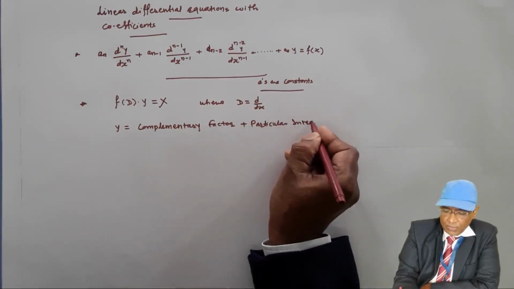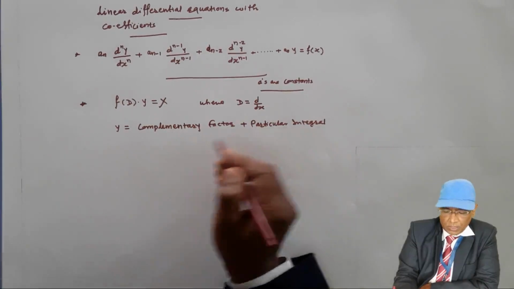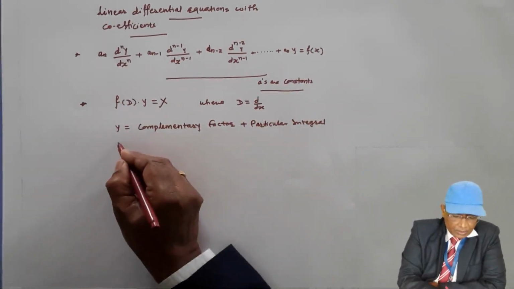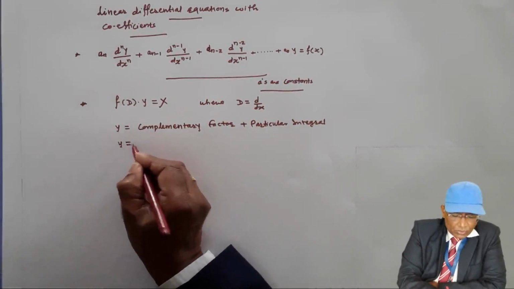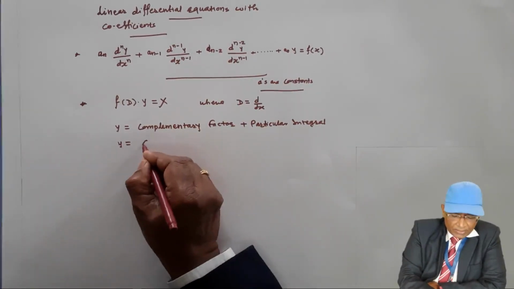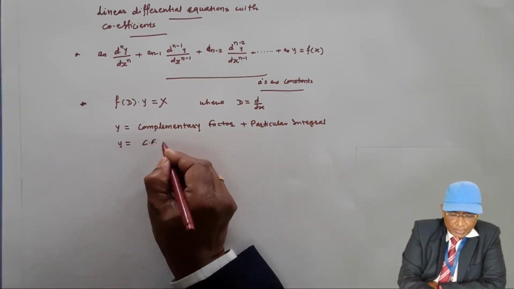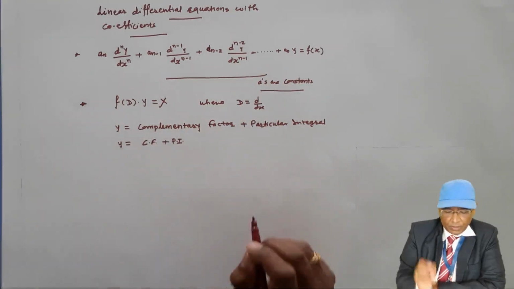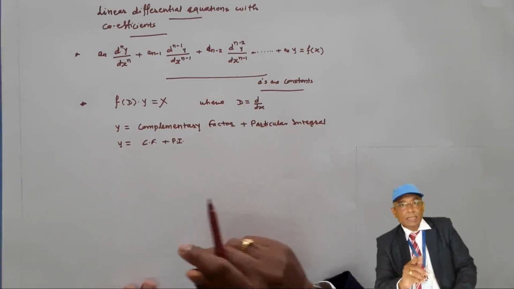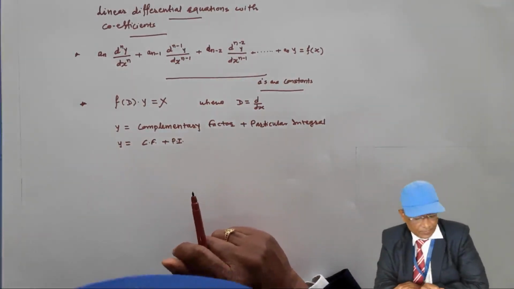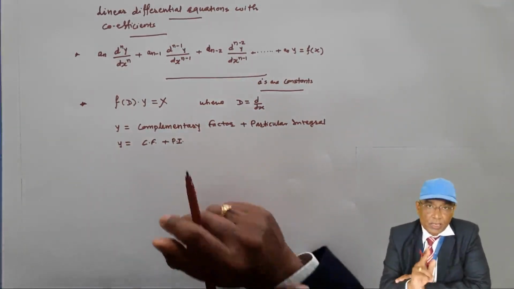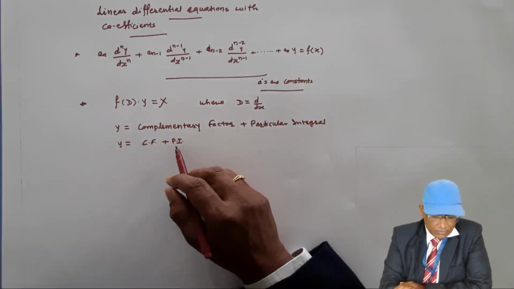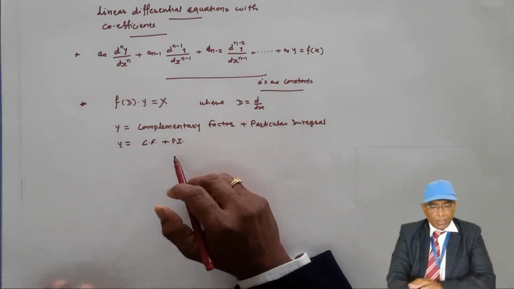The solution of a differential equation has two parts: the complementary factor and the particular integral. In order to save time, I will write the complementary factor as CF and the particular integral as PI. When you solve a linear differential equation with constant coefficients, the two things required are the complementary factor and the particular integral.